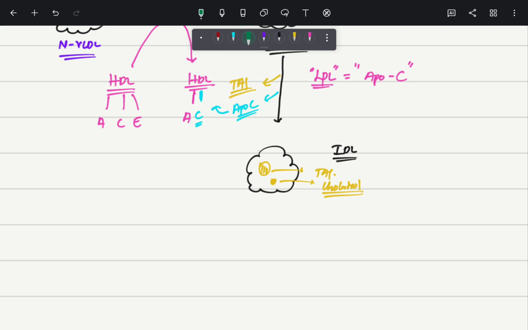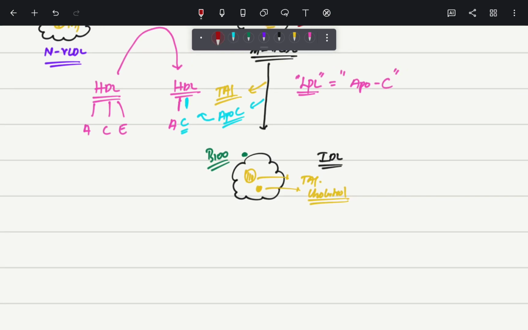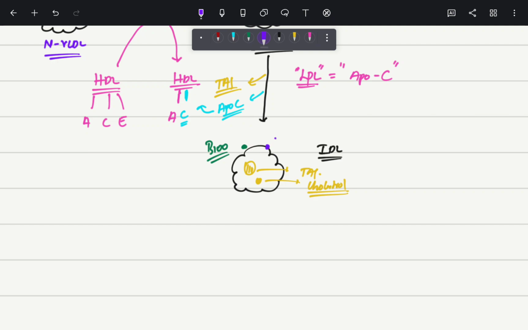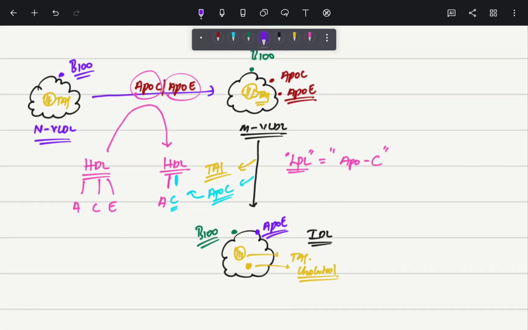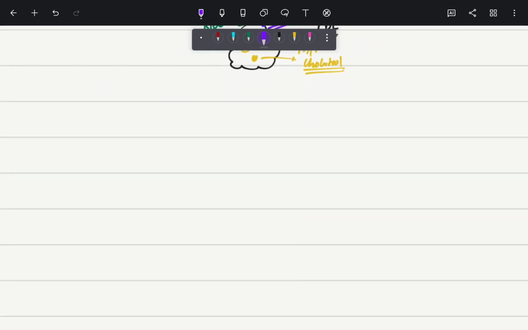On top of that, it has ApoB100 together with apoprotein E. Since apoprotein C is extracted by the lipoprotein lipase, only apoprotein E will be present in the intermediate density lipoprotein.